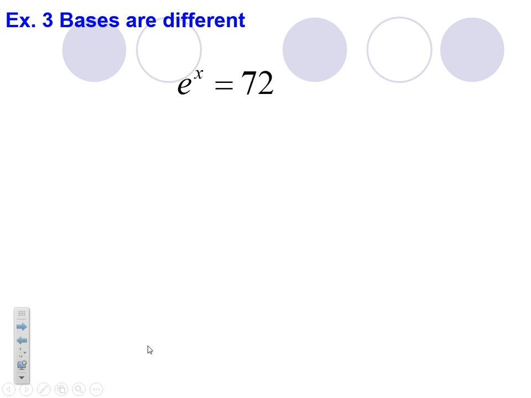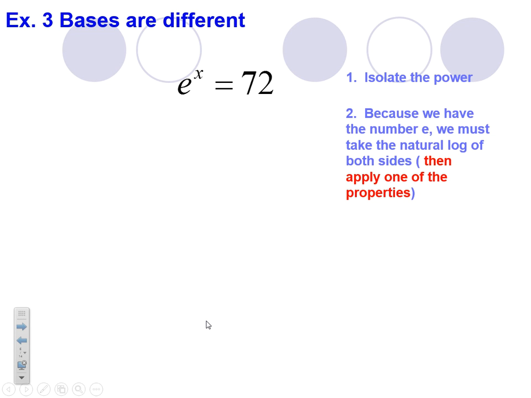Now, again, here's another exponential equation, and our bases are different. We have a base of e. Remember, e is an irrational number, and we have a base of 72, and there's no way that we can write them so that they are the same. So when that happens, of course, we want to isolate our power, and it's already isolated. Then, because we have e, we want to use natural logs to solve this.